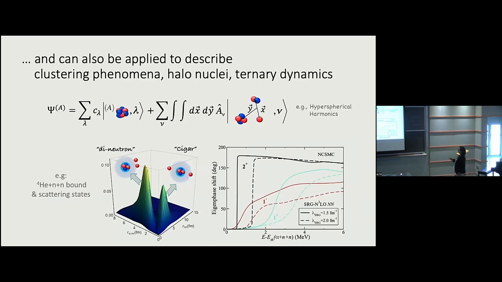In this case, rather than having a binary microscopic cluster state, you can have a ternary microscopic cluster state, and then describe the dynamics with hyperspherical harmonics or Faddeev, depending on your preferred approach. And I did in the past apply these to describe the helium-6 Borromean nucleus and also its scattering states.